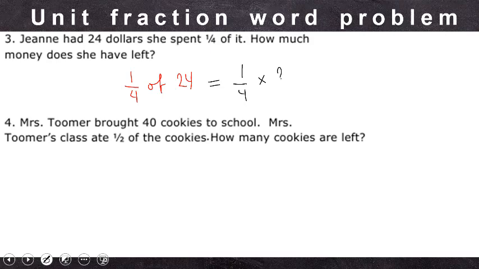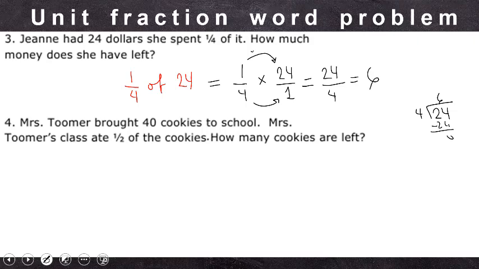You have to write 1 over the whole number and multiply. 1 times 24 is 24, and 4 times 1 is 4. If we divide 24 by 4, it is 6. And that's my answer, 6.